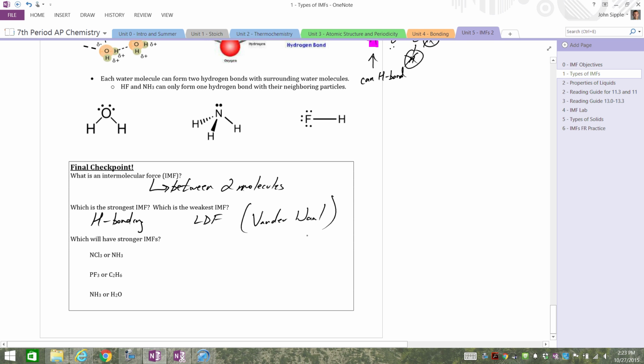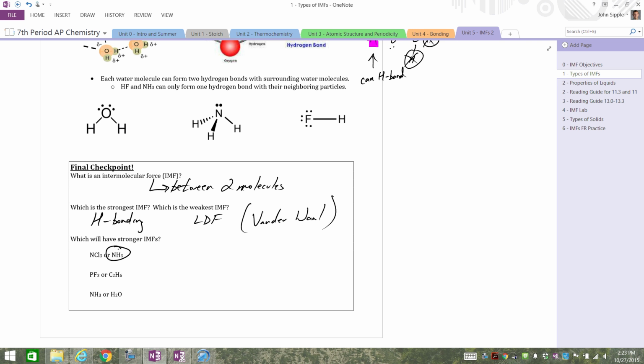So which will have stronger IMFs? I have to draw these out a little bit. NH3 has hydrogen bonding.